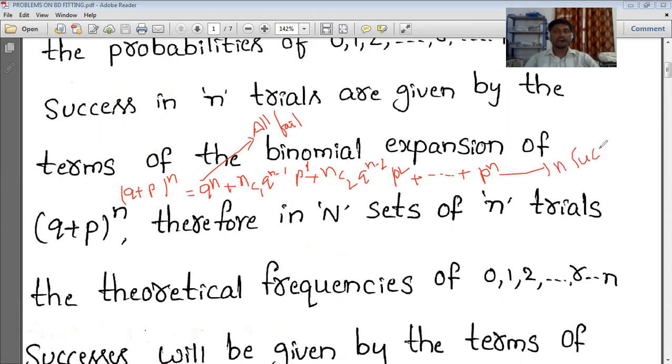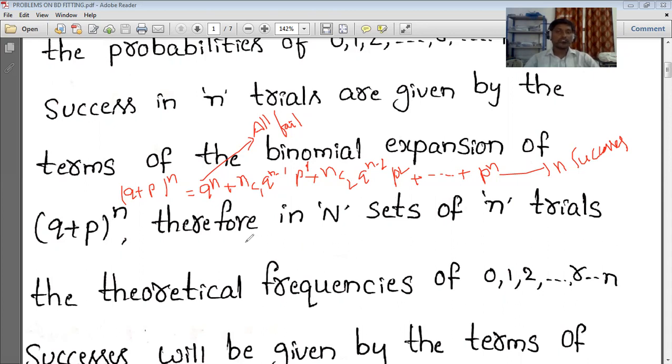If you are taking r successes, then by using the binomial expansion we get the probabilities of successes. This term represents all failures, and these represent one success, two successes, three successes and so on up to n successes.